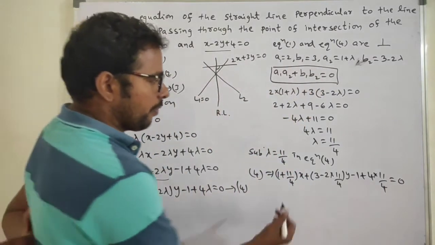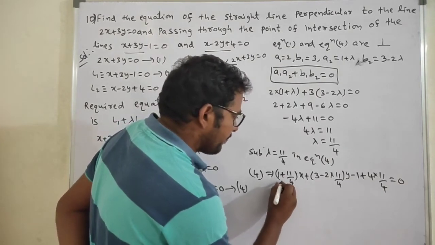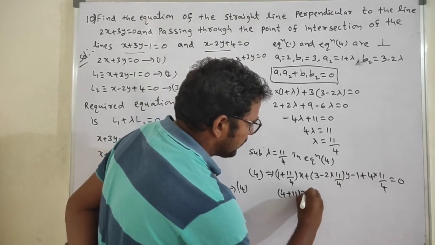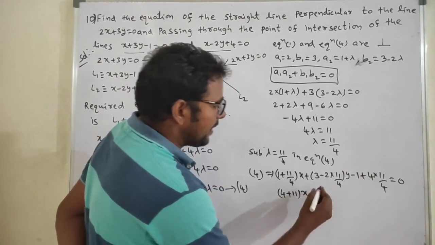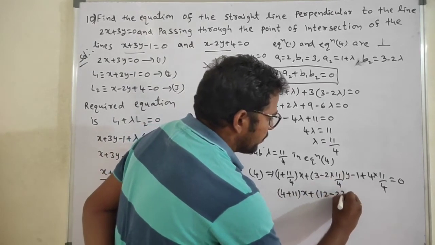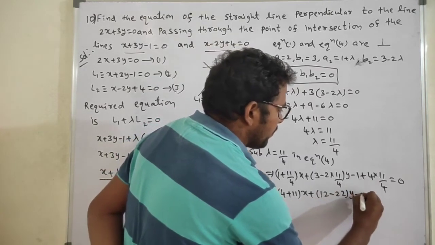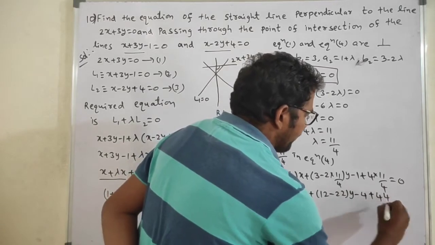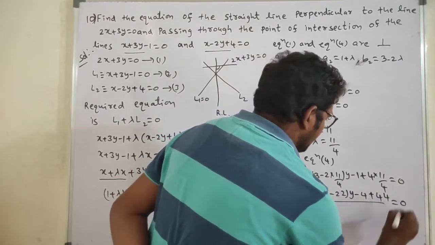Now the LCM is 4. 4 ones are 4, so (4 + 11) x; 4 threes are 12, minus 11 twos are 22, so (12 - 22) y; and 4 into -1 is -4 plus 11 fours are 44, all divided by 4, equals 0.